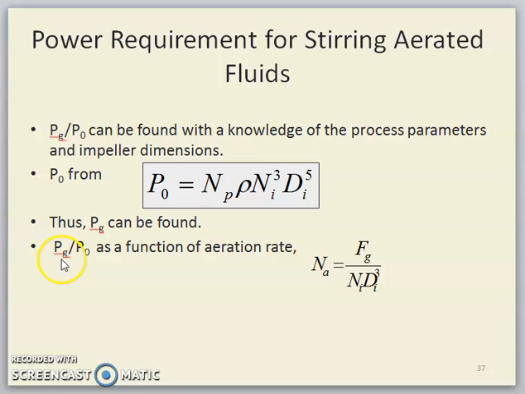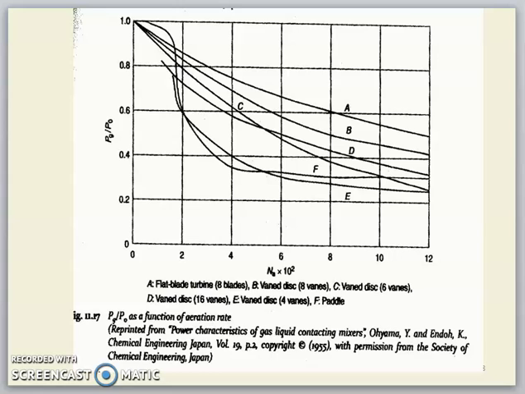Okay, so the P_g over P naught as a function of aeration, okay, then you have N_a equals F_g over N_i D_i cubed. The figure here shows the P_g over P naught, okay, as a function of aeration.